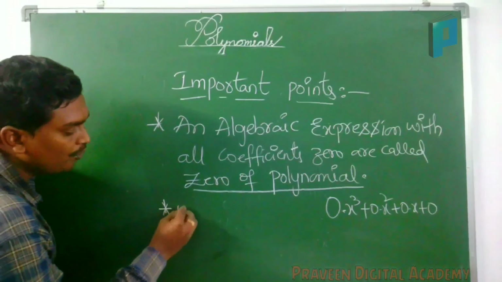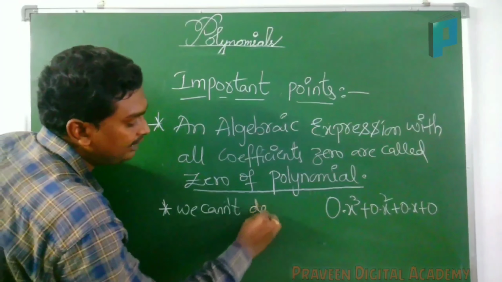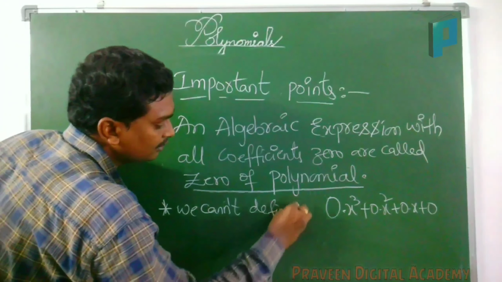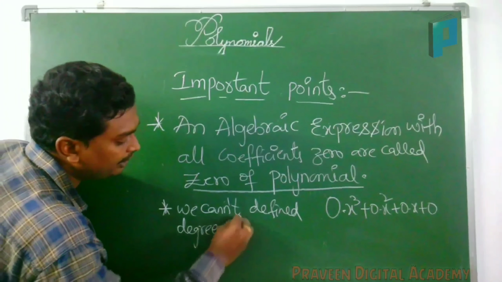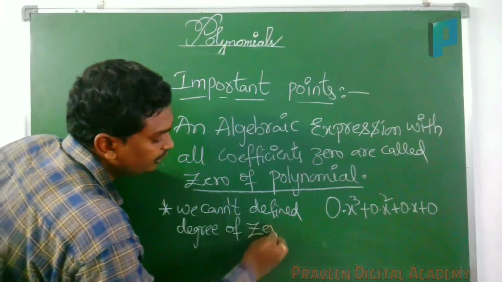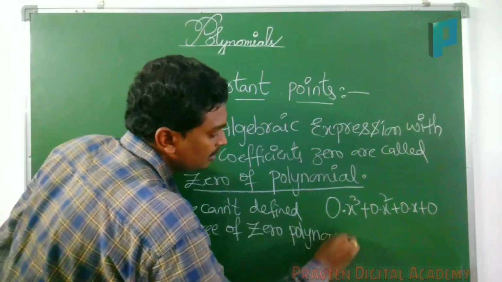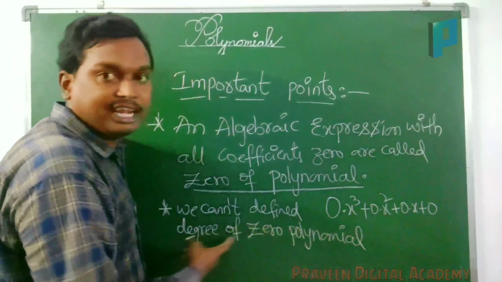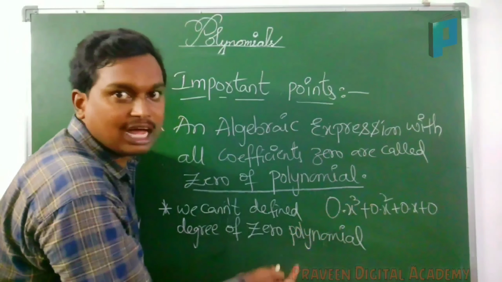Here we cannot define the degree of the zero polynomial. Can you define the degree of the polynomial? If I say 0 into x cube is the last term?